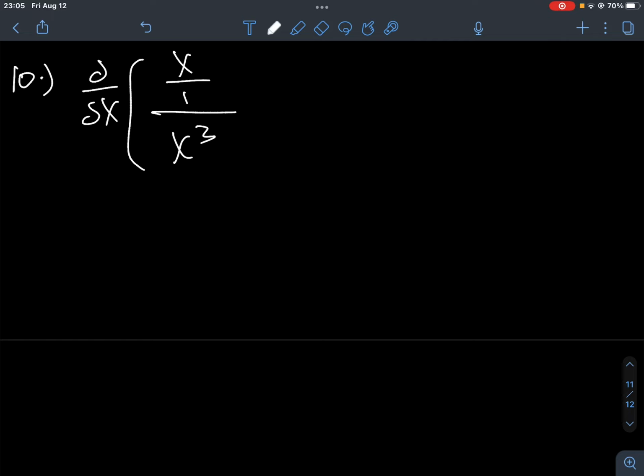Now let's do number 10, which is find the derivative of x over 1 over x cubed times x to the minus 1.